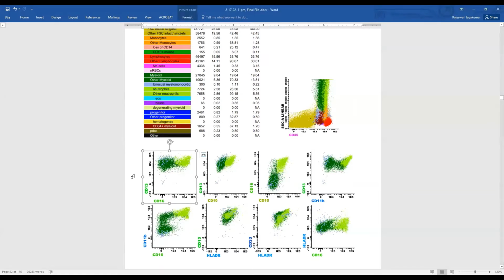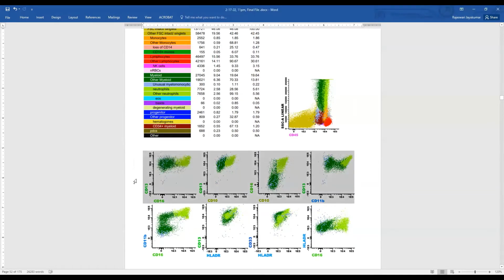And then they will slowly acquire CD13 and CD16 as they become metamyelocytes and bands, and your mature neutrophils will express the brightest CD13 and CD16. So normally this CD13 versus CD16 graph will look like a Nike swoosh or a tick mark. You'll see a population starting here, promyelocytes, then the myelocytes will go here, then the metamyelocytes will go here, and then the bands and neutrophils will be here.